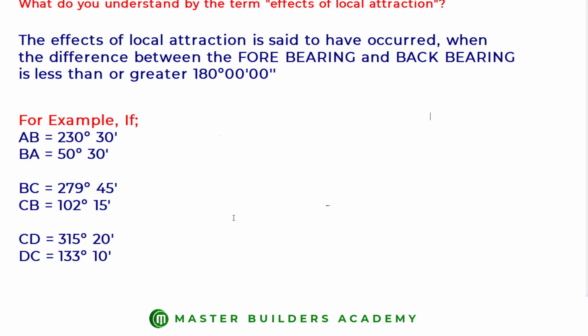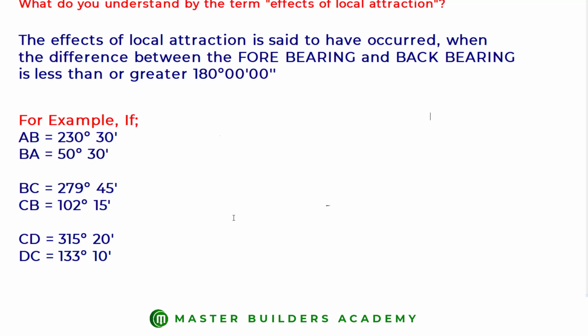I hope I'm beginning to blow up your mind already. Please make sure you understand these principles. When you do understand these principles, as I have always told you, you gain mastery easily. So now let me go on. I'll begin to unveil the secret to mastering this part of engineering survey.